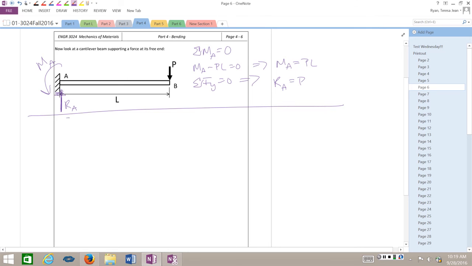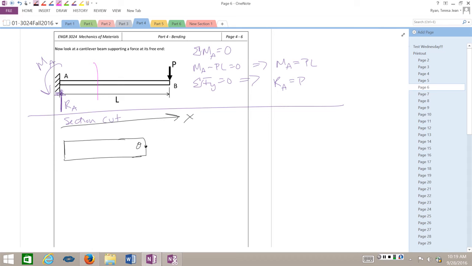So section cut, we'll call it there. Again, we have no discontinuities within our beam. And we're looking at what's going on. So we have our section cut. We have our reference point O. We have our coordinate system increasing to the right, X. What all is external going on here?